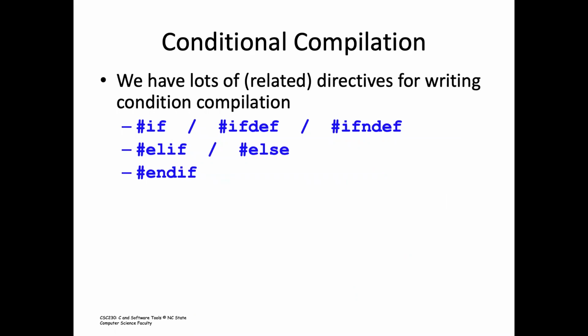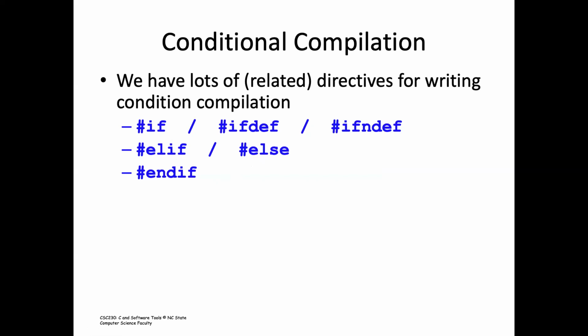Here's the full list of conditional compilation directives. So there's an if, there's an endif that we already talked about a little bit. There are else versions of these, so you can have else or elif. This is an abbreviation for else if that lets you decide to leave in one block or another.